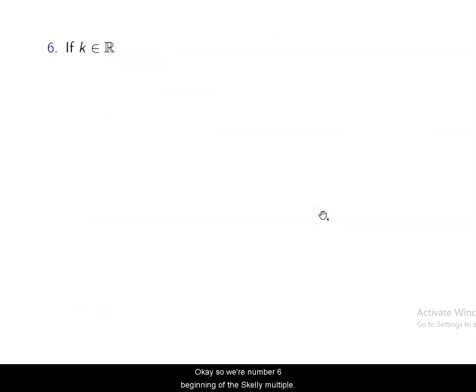Okay, so for number 6, the beginning of the scalar multiples, if I have a real number, okay, k is in R, so k is a real value. Again, it can be pi, it can be 1/2, it can be 0.23896, it can be 2/3, it can be square root of 28, right? It's a real value.